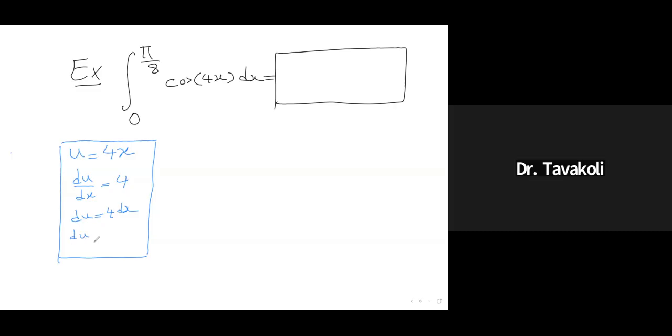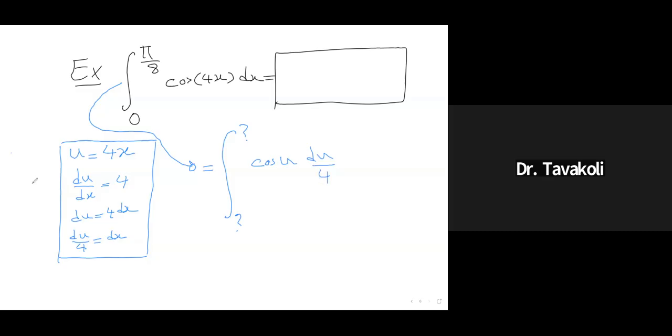Du over 4 is dx. So let's see what we have so far. I need to change the limits of the integral according to the substitution. 4x is the new variable u, so it is cosine of u, and that dx is du over 4.